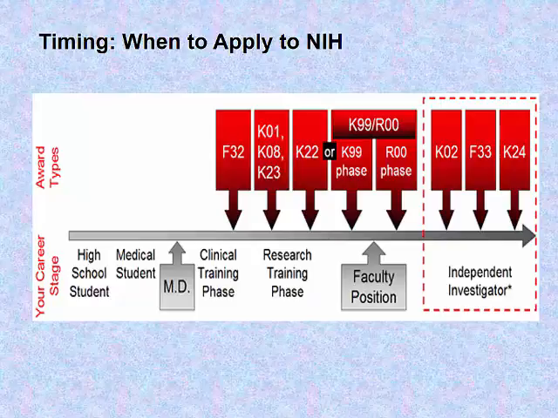We have a lot of them in our CTSI environment at the various institutions, and a lot of times they will support postdoctoral training in people who, say, already have a medical degree. And then again, you see where the K awards fit in. You see that K99 R00 is really for somebody who's on the faculty, not for somebody still in fellowship. And then you see some of the ones further along.